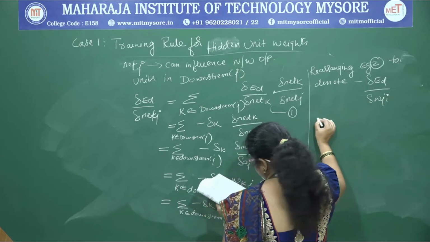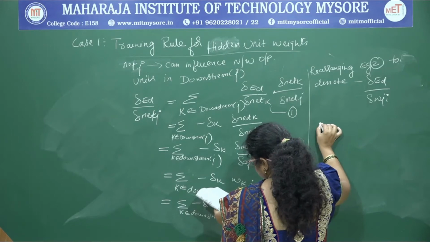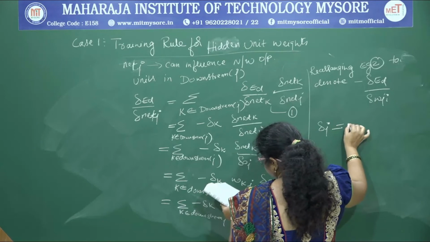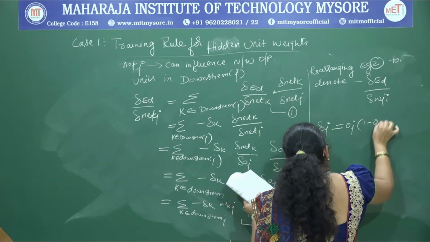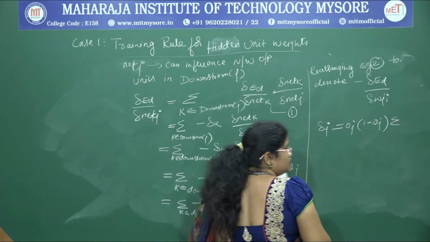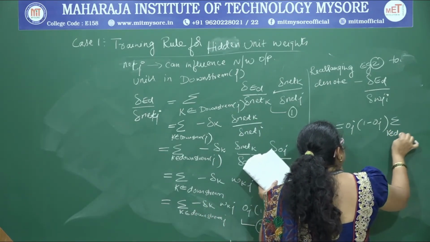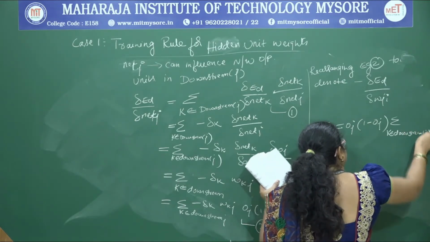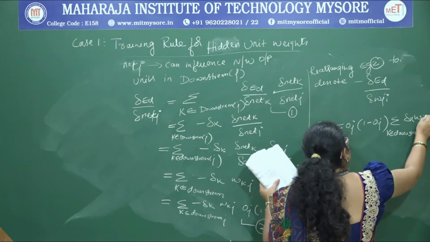We have delta j, that is the error, equal to Oj into 1 minus Oj, summation of k belongs to downstream of j, delta k Wkj.